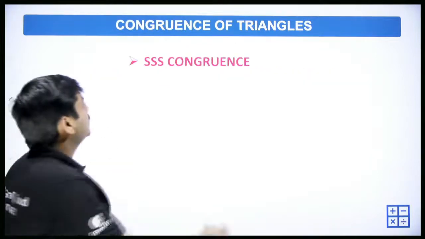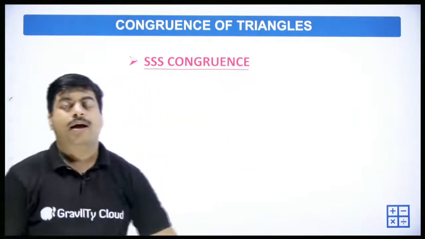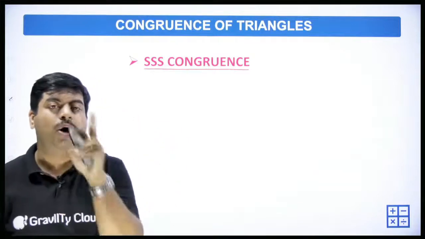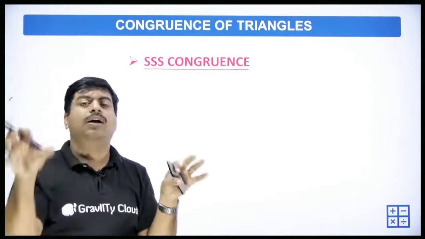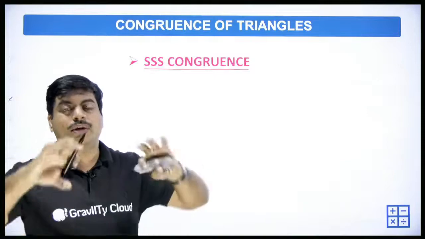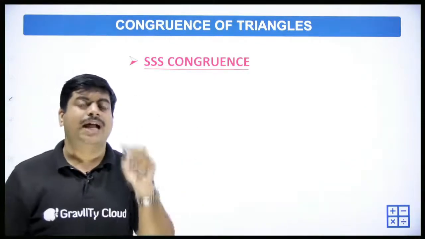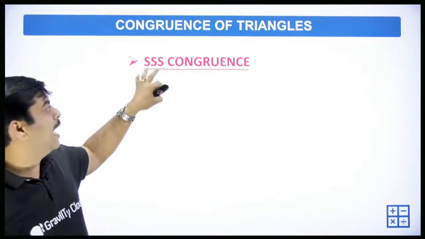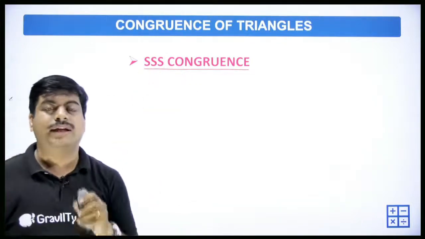The first one we're going to discuss about congruence is SSS congruence: side, side, side. That means for two triangles, all three sides of the first triangle will be equal to the three sides of the other triangle. Their orientation or position may differ, but if they have three equal sides, SSS congruence applies, and we can say those two triangles are congruent.